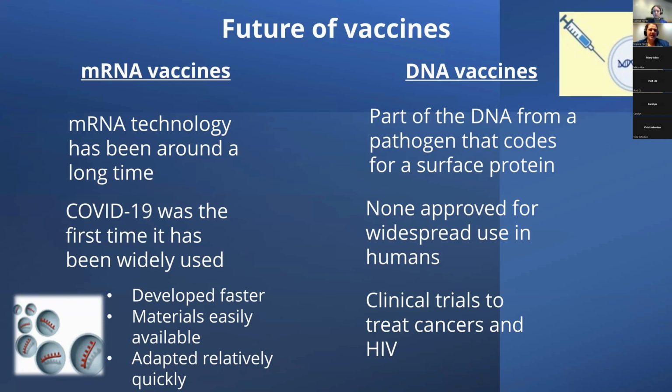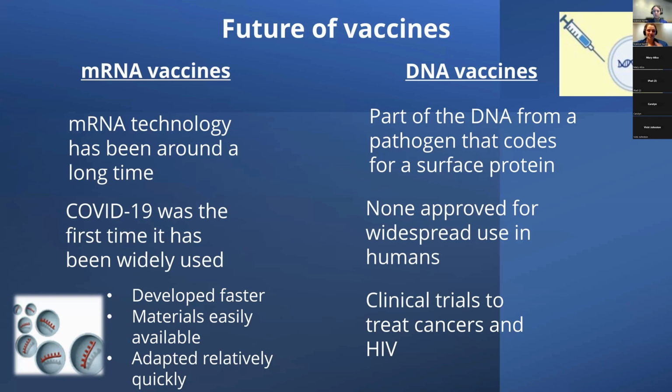They've been using DNA vaccines to fight West Nile virus in horses and melanoma, so cancers, in dogs, which is interesting. And then there are human clinical trials with DNA vaccines that are being used to treat cancers and to treat HIV as well. So it's a very cool technology that's coming, that exists.